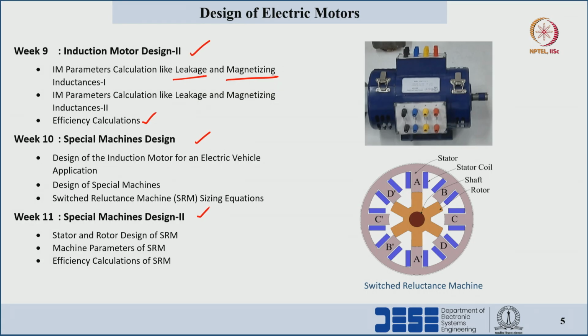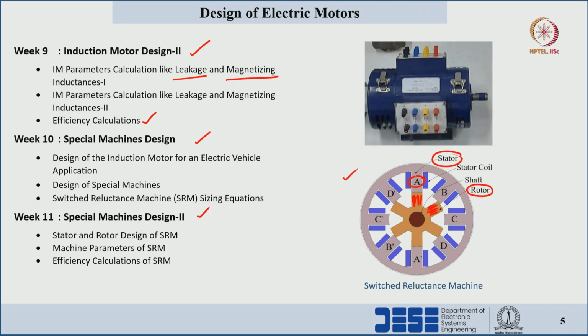Based upon the induction machine design equations, how to generalize it and how to design the switched reluctance machine. And the principle of the switched reluctance machine we can see here. Stator side we have the electromagnet, rotor side a simple iron piece, an iron piece based rotor.